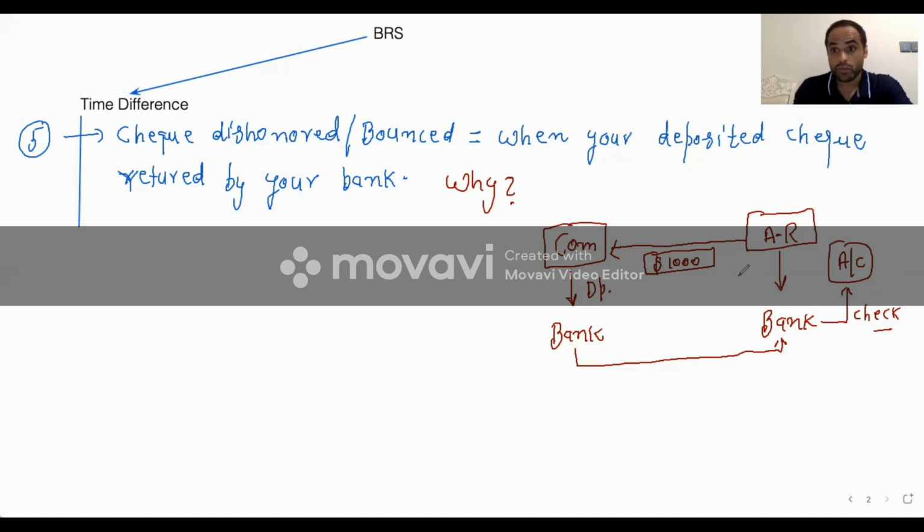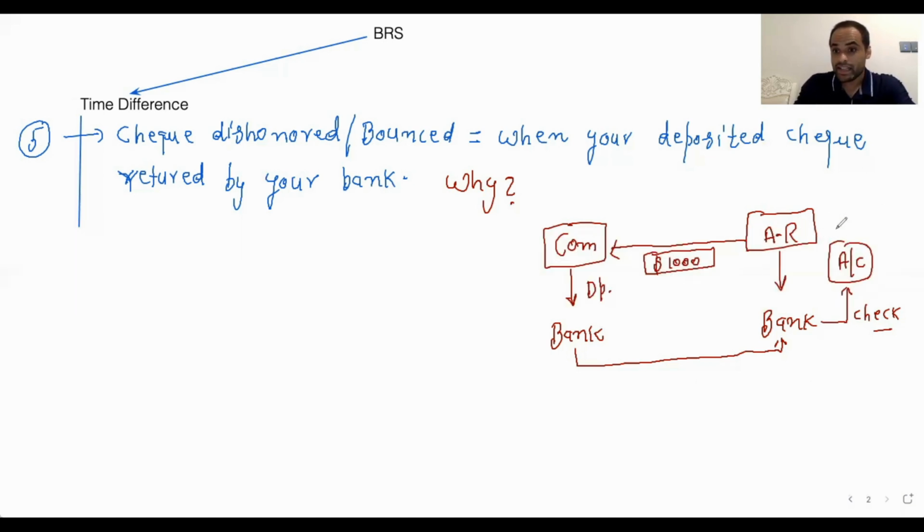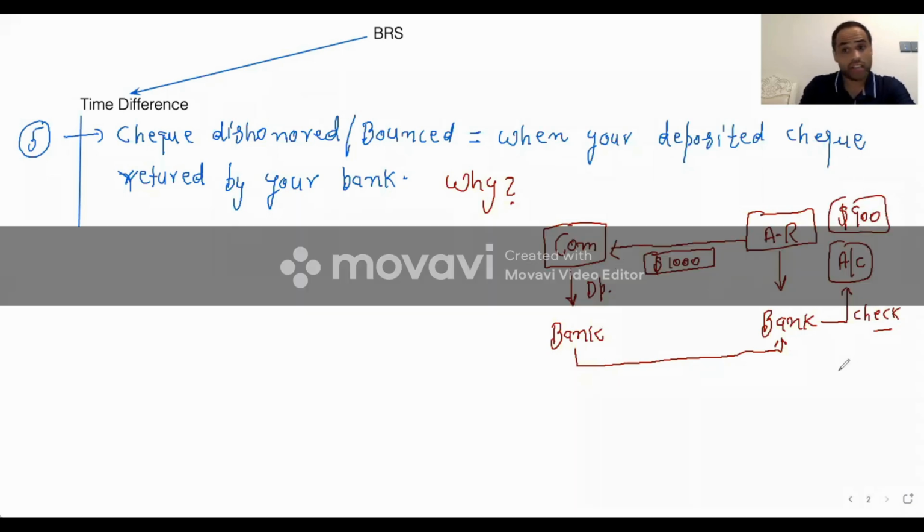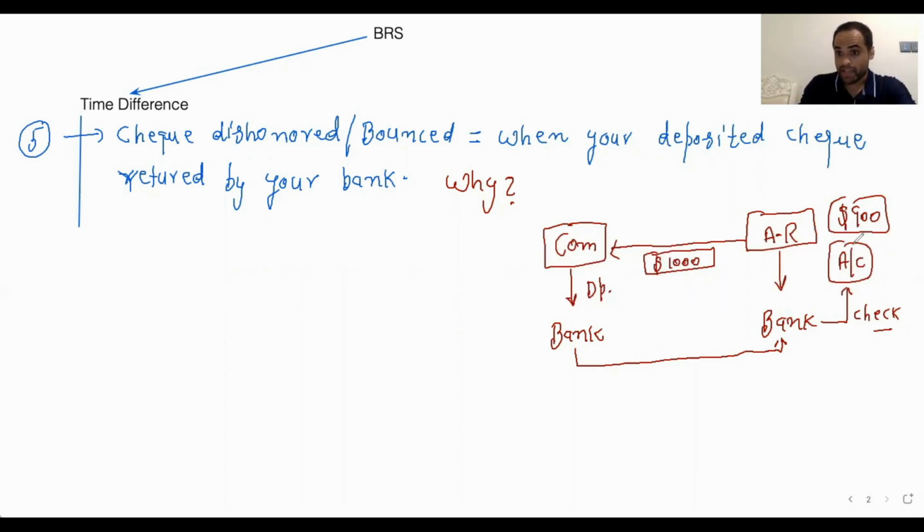That's what banks normally do. So let's say this account receivable has only $900 in the bank account, but they wrote a check for $1,000. So they do not have enough money to transfer. The check says transfer 1,000, but when the bank checks the account, it shows only a $900 balance. So not enough.